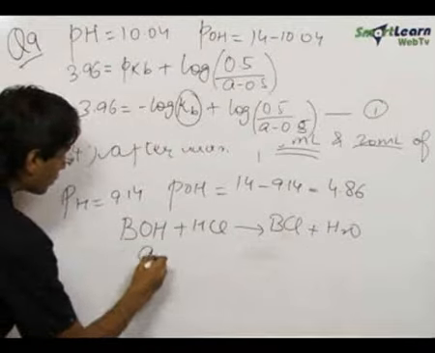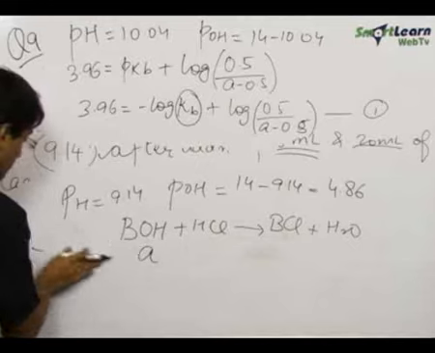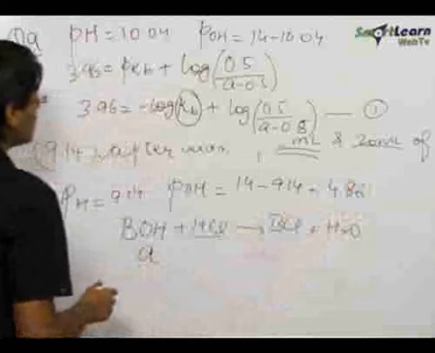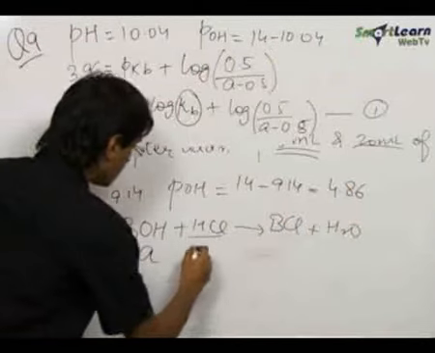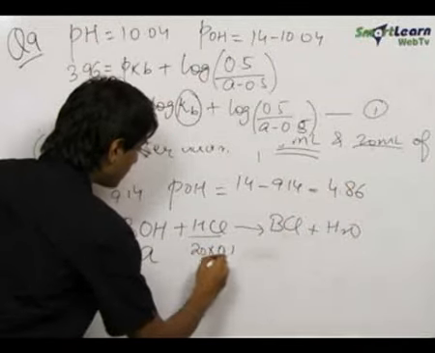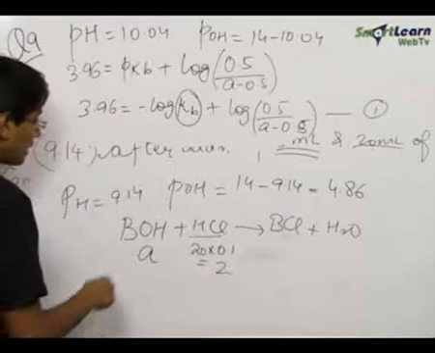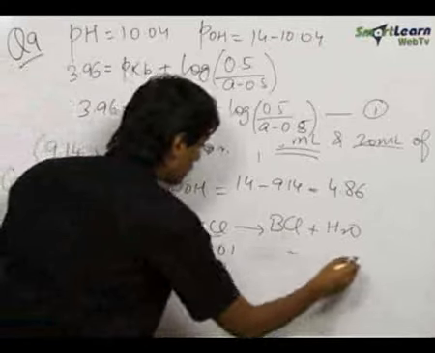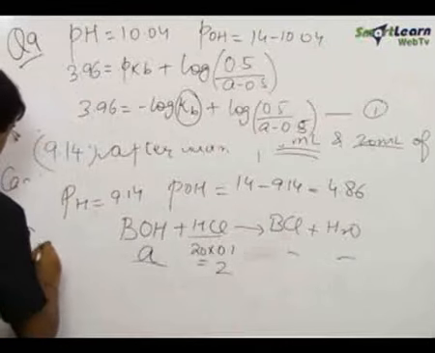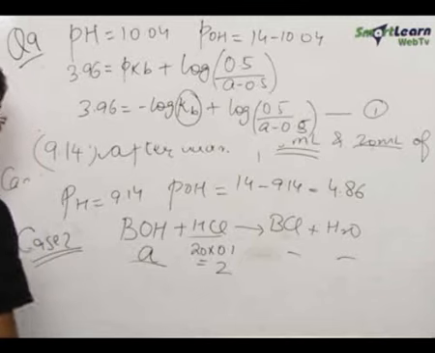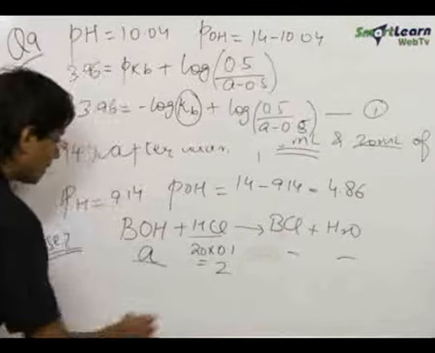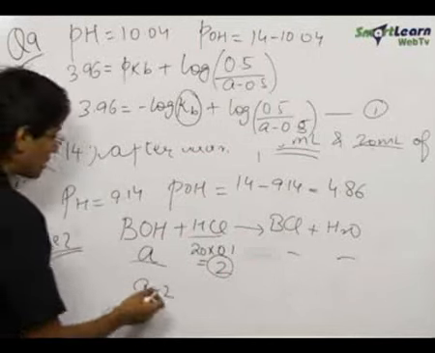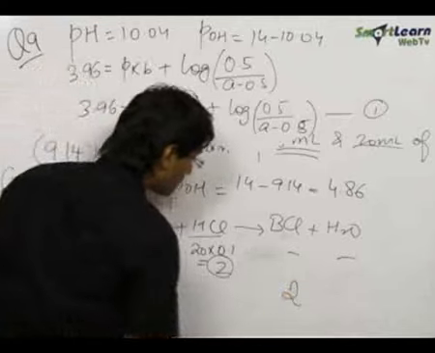The initial number of moles of BOH, let it be equal to A. Now HCl added is 20 ml. So the number of millimoles of HCl is 20 into 0.1, that is 2 millimoles. Let the initial number of millimoles as before be A. This is 0 and 0. This is case 2. When 20 ml of HCl has been added, when this HCl completely reacts, the left millimoles of BOH is A minus 2 and this is 2.